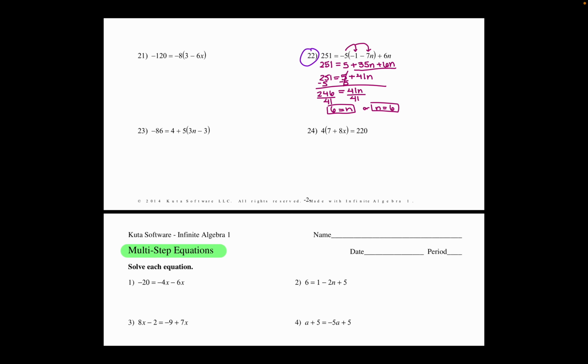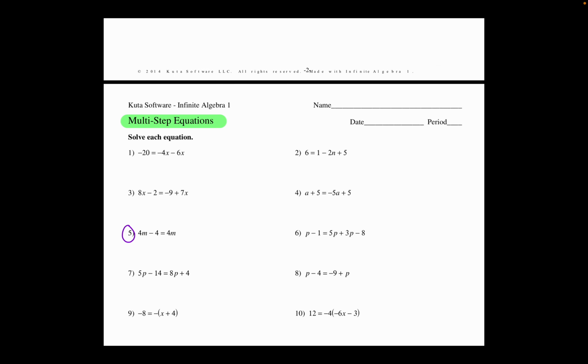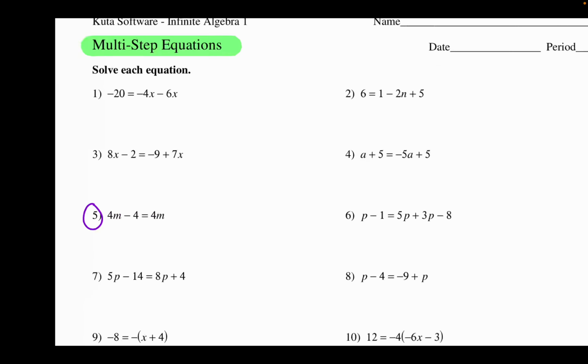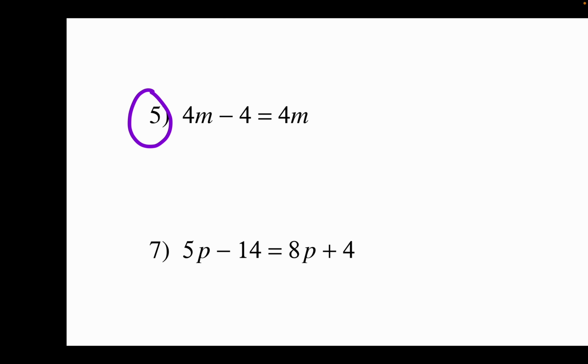Okay, our next example comes from the multi-step equations CUDA software worksheet. So let's look at number 5. When we have problems like this, we want to get our variable to one side.